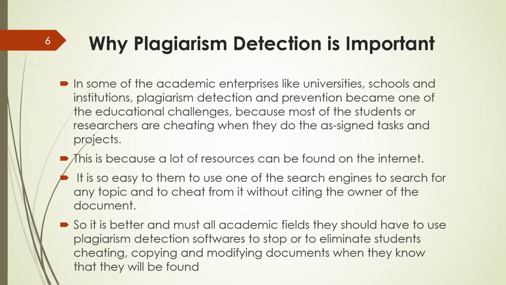On the internet, there are a lot of facilities to find research content by simply going to search engines like Google or Yahoo and just copying and pasting. That is why plagiarism is now unpopular. So we have to identify whether plagiarism is there or not, and to find that out we need to use software.